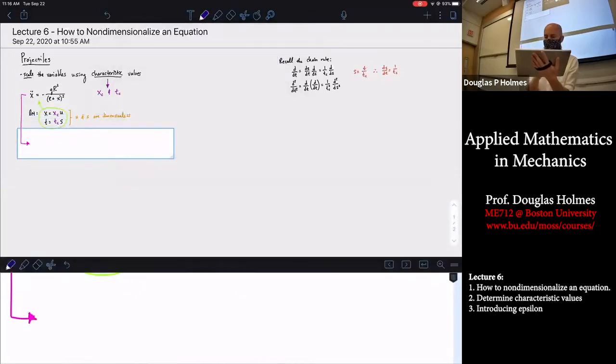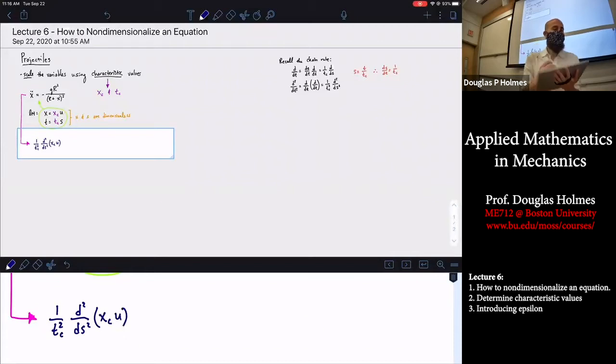My second derivative now becomes 1 over tc squared times my second derivative with respect to my dimensionless time. Now I need to tell it what this derivative is operating on. Well, it's going to operate on x. We're no longer using x, we're now using xc times u, so this becomes xc.